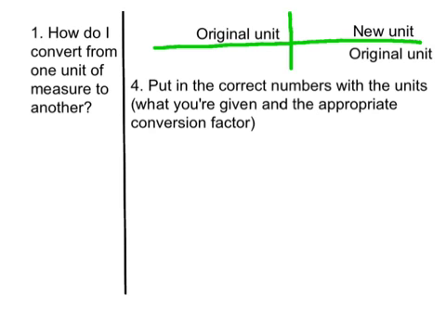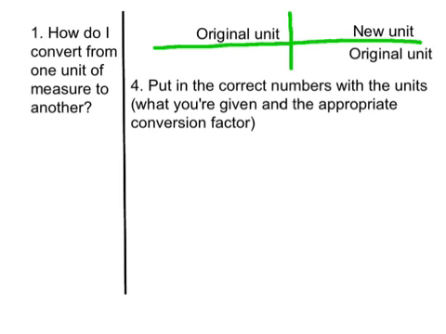So for the original unit, up on the top left-hand corner, you're going to put the number that you're given. So if we're working with that example, how many centimeters are in 3 inches? We will have 3 inches up on the top left-hand side. And then the right-hand side is for the appropriate conversion factor. So for example, how many centimeters are in 1 inch?